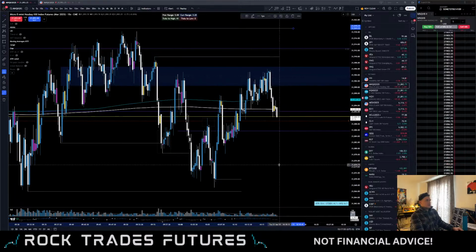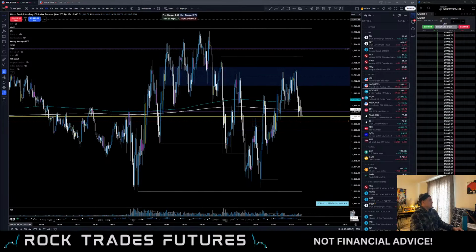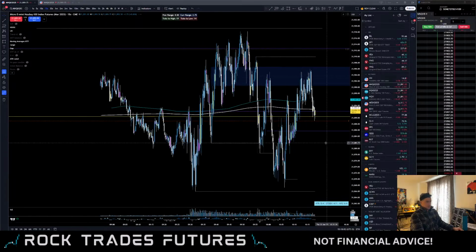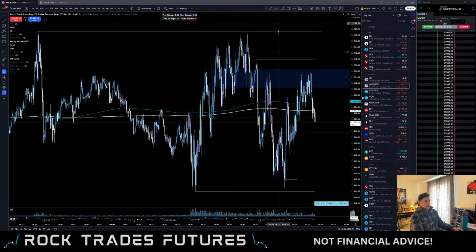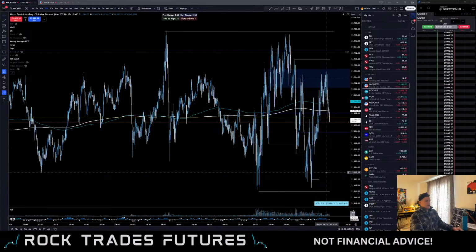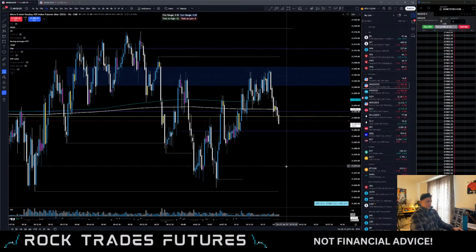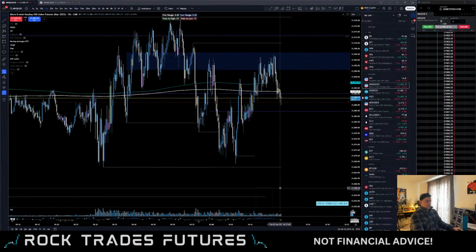Hard to call these type of situations where the market has decent targets above and below. Anytime you're in the middle of a range, you've got liquidity on both sides of the range. So everyone's short stops up here, everyone's long stops down here, based off the data model for down here.